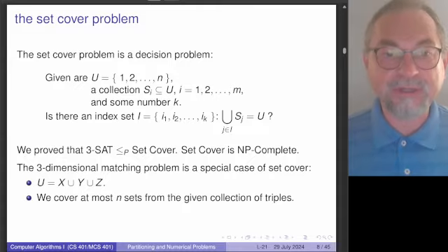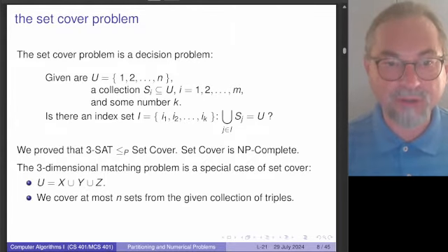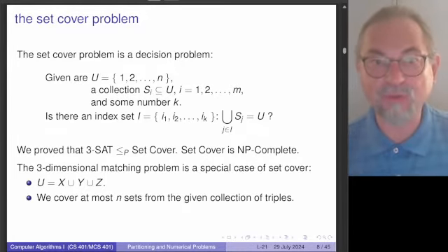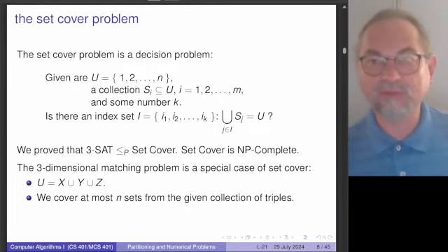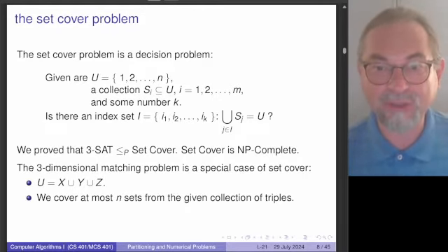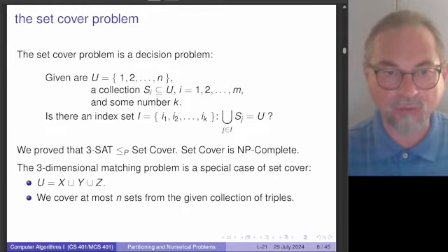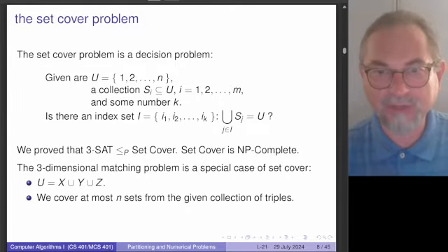Okay, so we are going to set up a reduction showing that 3-satisfiability can be reduced to the three-dimensional matching problem. And the way we're going to encode these problems will actually use ideas of set cover.